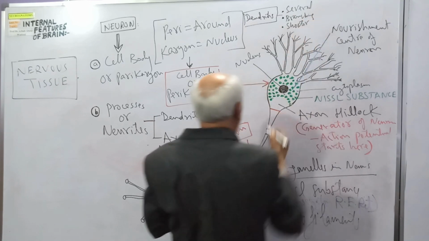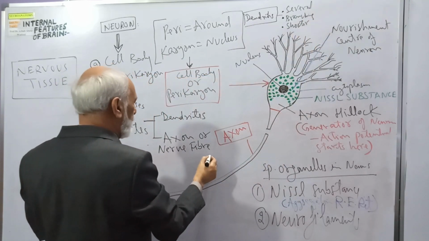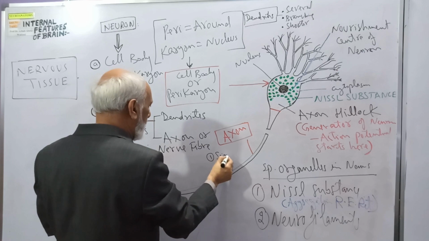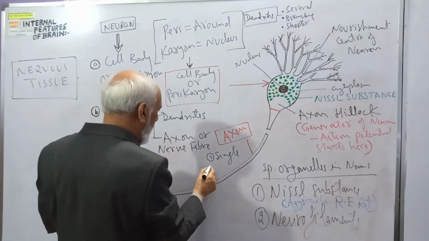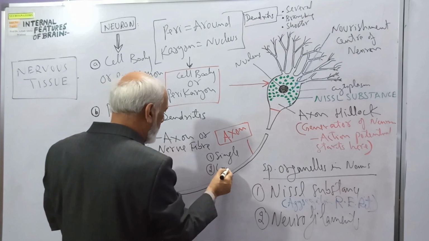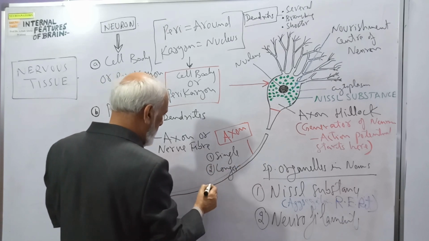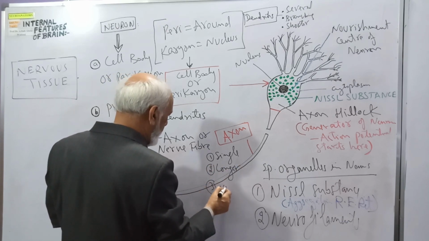If you compare with the axon, axons are single. From each neuron, one axon arises. And number two, longer, not branching.